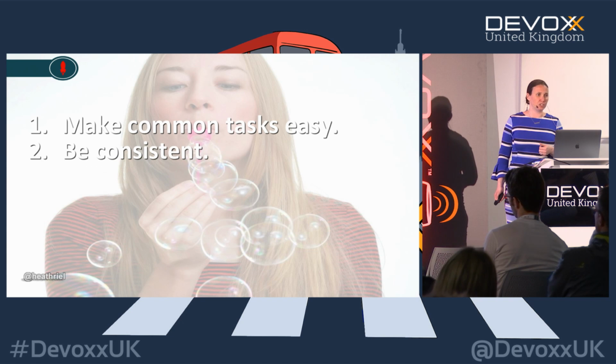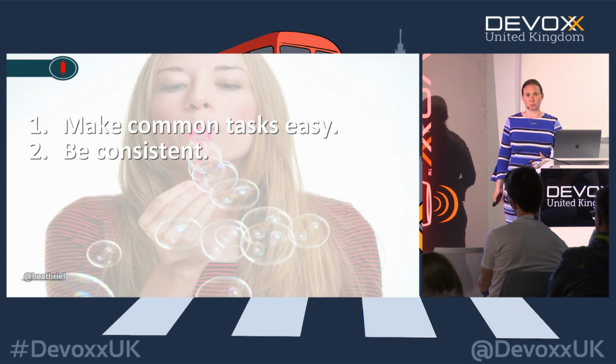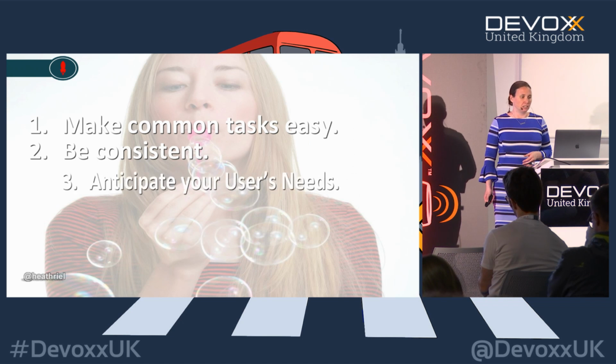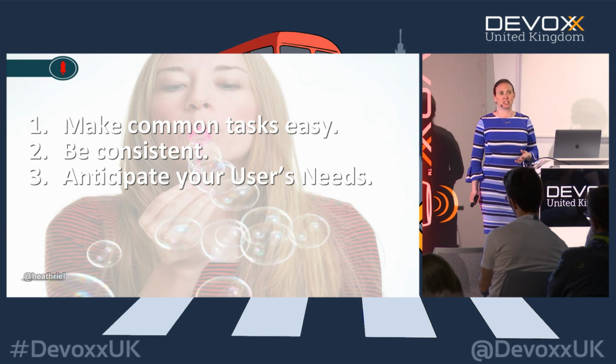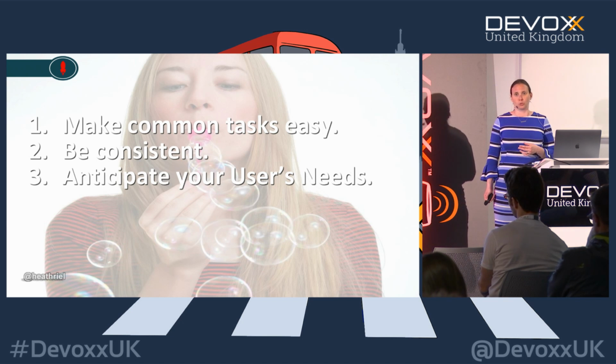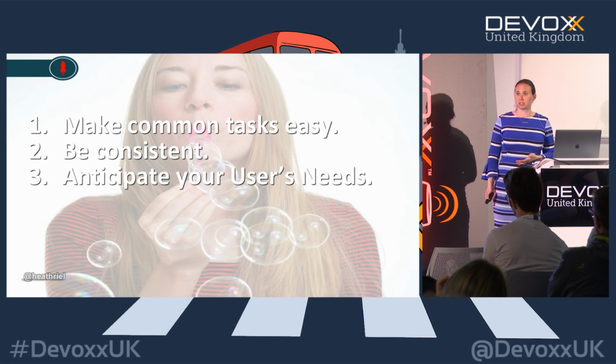And then you need to be as consistent as possible. No matter what you're developing, be consistent. Then anticipate their needs. That's really where we're taking tasks away from them. No matter what we're designing, whether we're using machine learning models or not, good UI removes choice. Good UI just puts the most important things right in the hand of the customer.